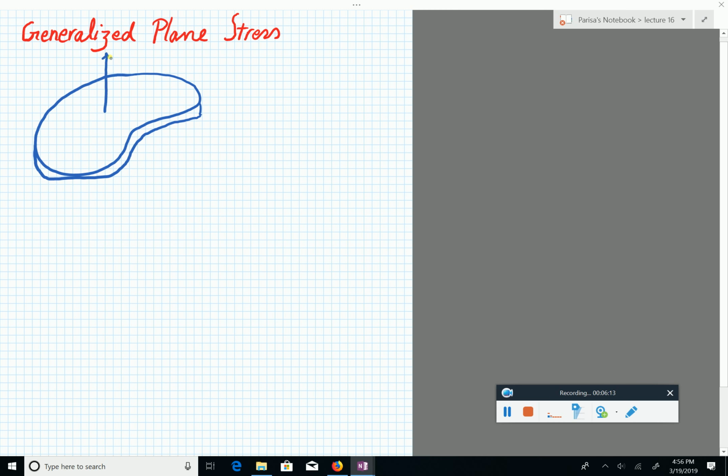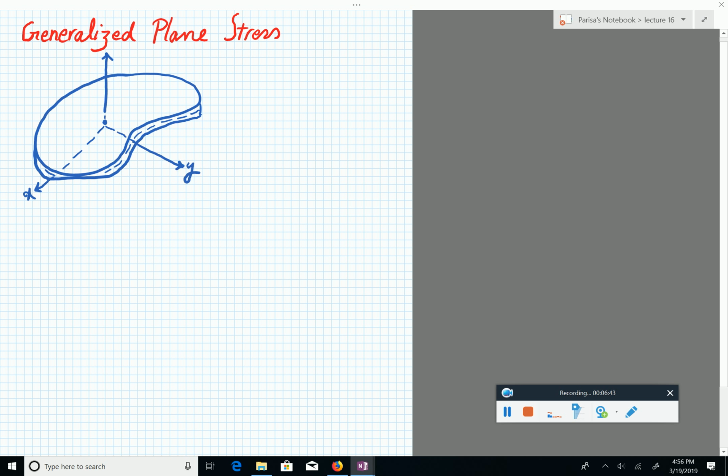Imagine that you have a mid-plane, the dashed line, the cross-section which goes through the middle of the thickness, and a coordinate system going through a point in the mid-plane.